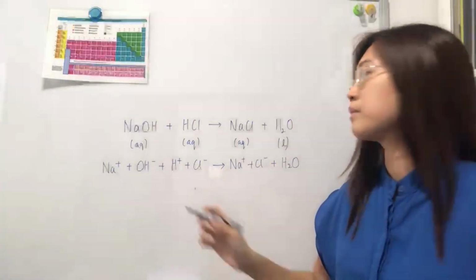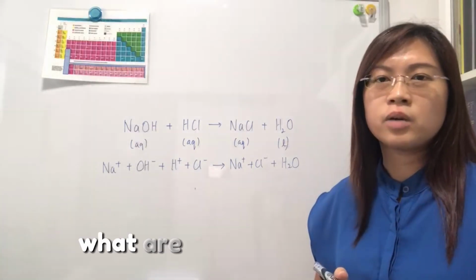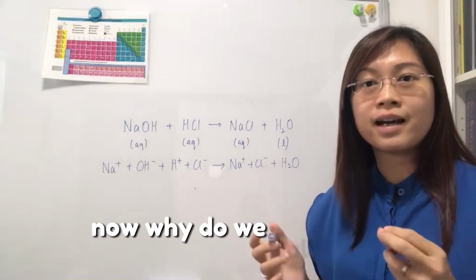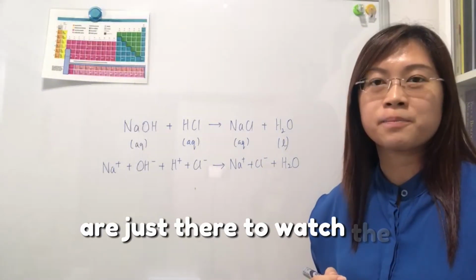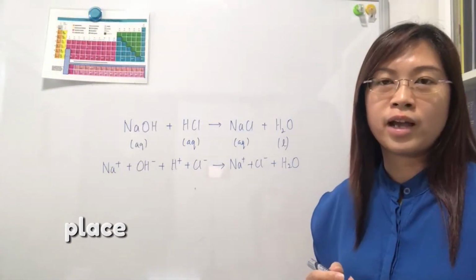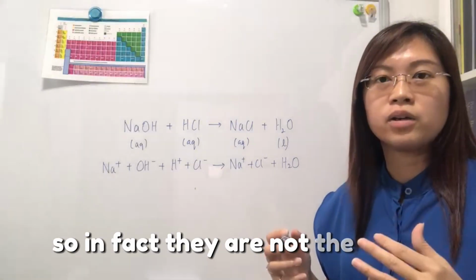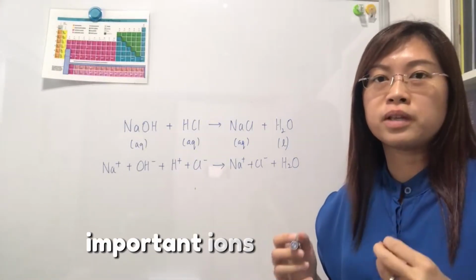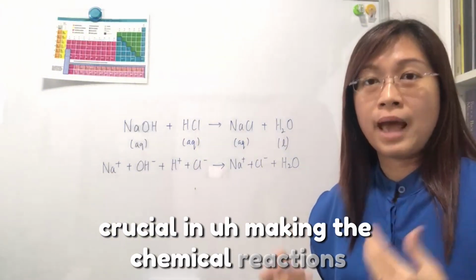Now the next step is to identify the spectator ions. Why do we call them spectator ions? Because spectator ions are just there to watch the chemical reaction taking place. They do not take part in the chemical reactions. In fact, they are not the important ions that are crucial in making the chemical reactions happen.